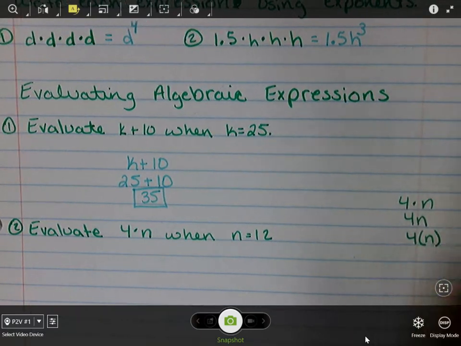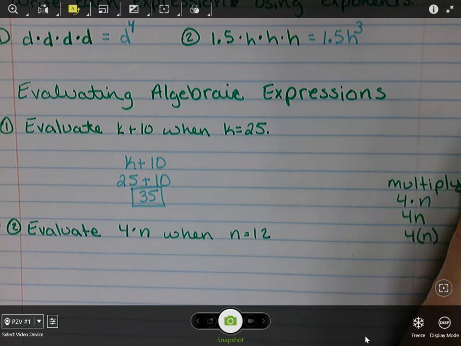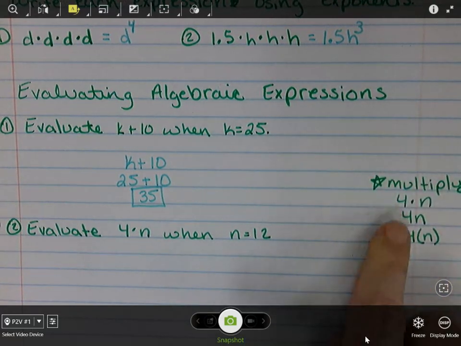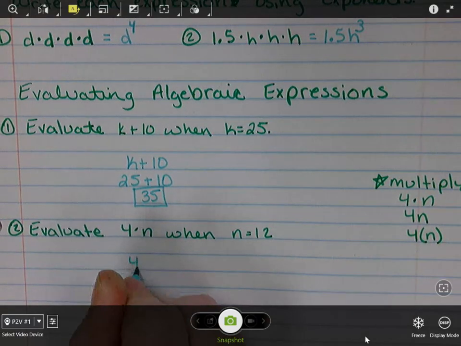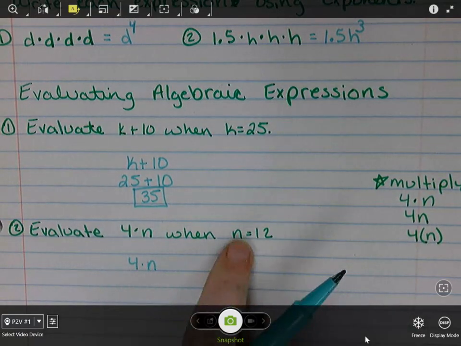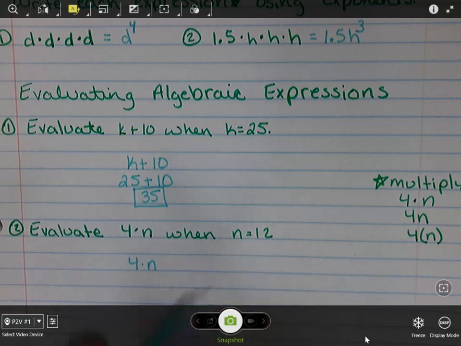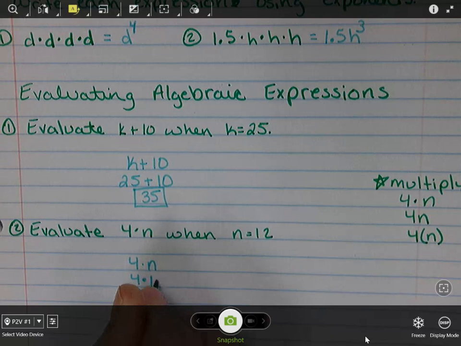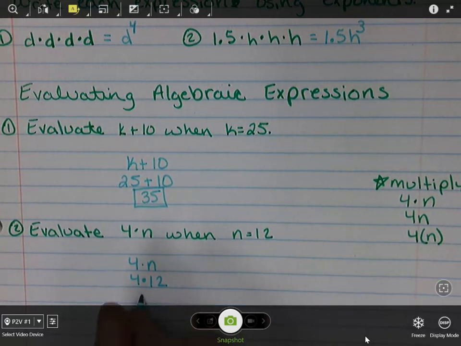All of these mean to multiply. So anytime you see one of these, it means to multiply. So this is telling us to do 4 times n. It says n is equal to 12, which means I can substitute in 12 for n. So instead of having 4 times n, I can have 4 times 12. And then 4 times 12 would be 48.